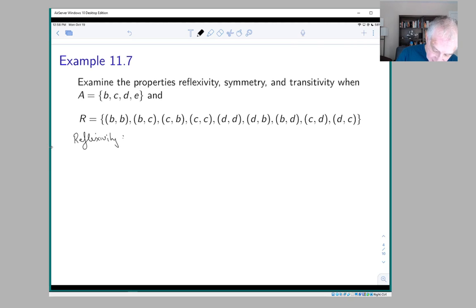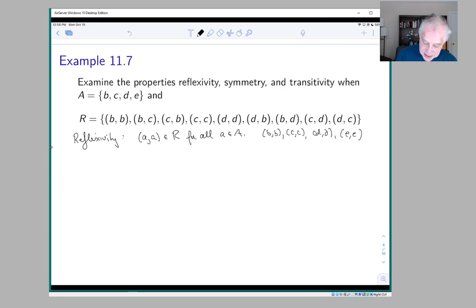Reflexivity means that the pairs (a, a) are in R for all a in A. So in this case, there are 4 possibilities. You would need to have (B, B), (C, C), (D, D), and (E, E). Are all of those in the set?